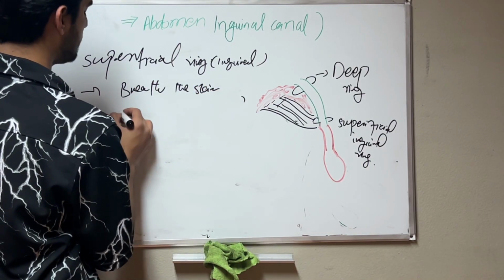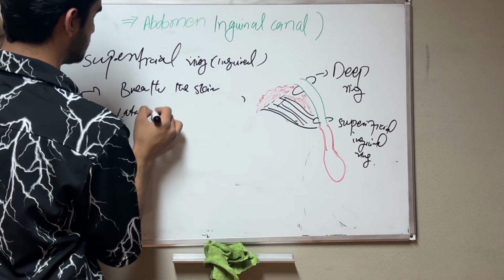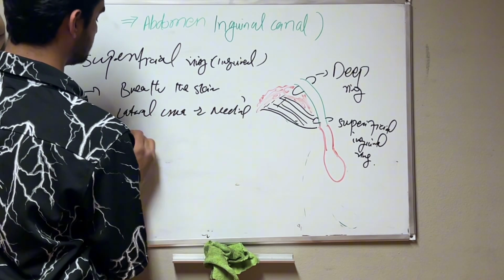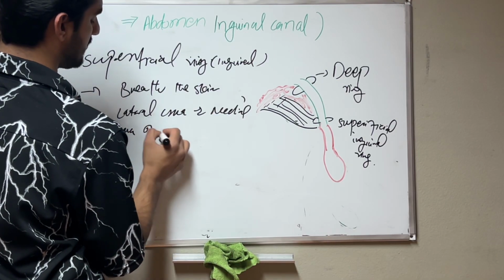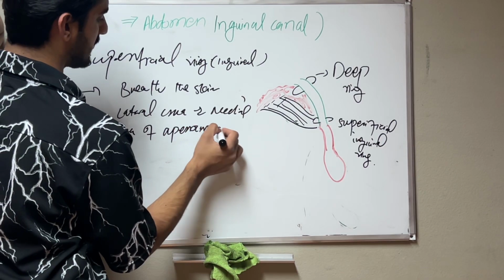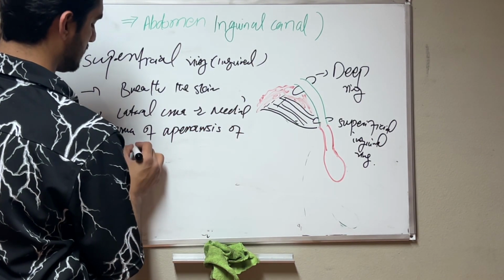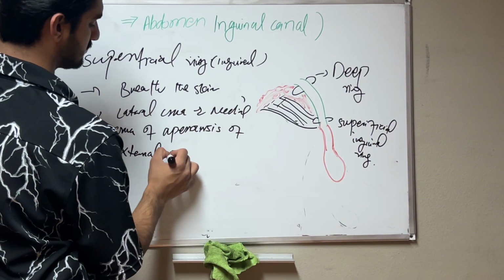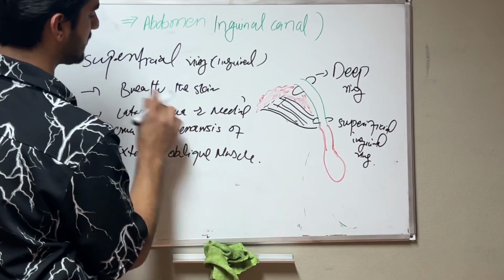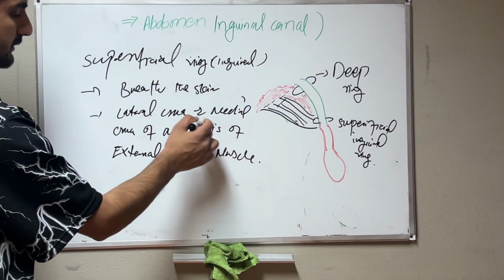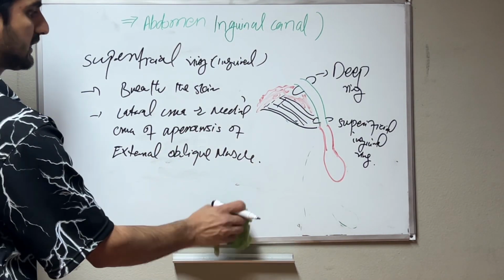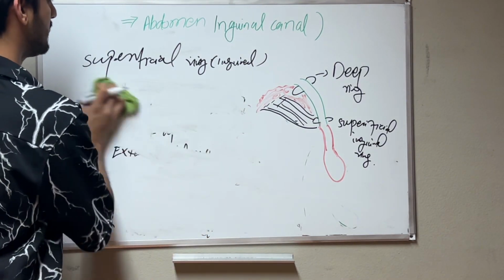Skin, then we have the lateral crura and medial crura of the aponeurosis of the external oblique muscle. These are the locations of the superficial inguinal ring.